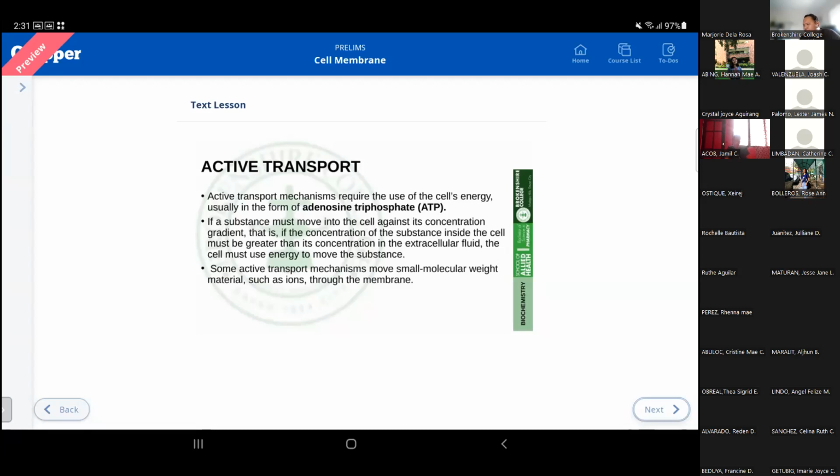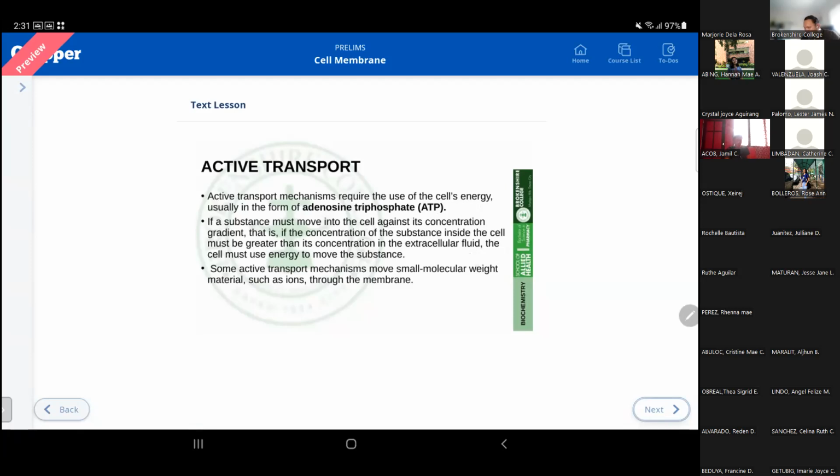if a substance must move into the cell against its concentration gradient, that is, if the concentration of the substance inside of the cell is much greater than the concentration in the extracellular fluid, the cell must use energy to move the substance.